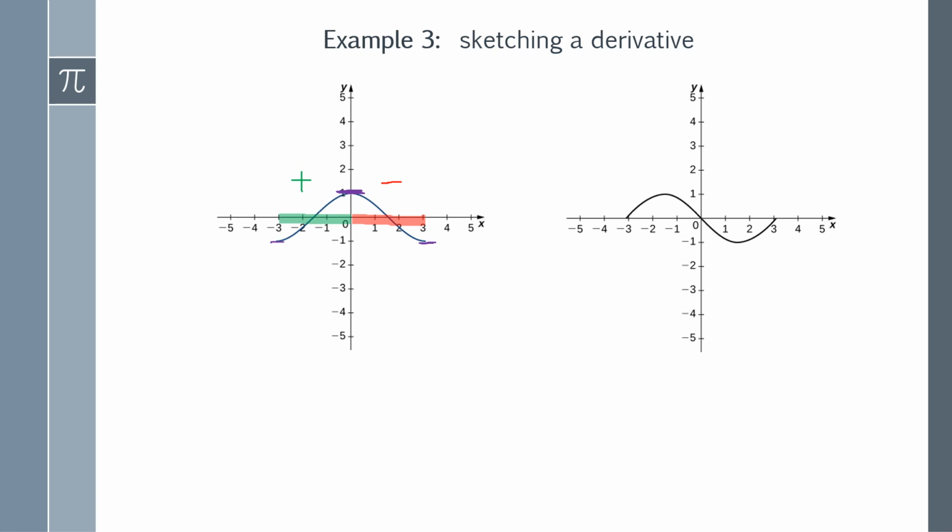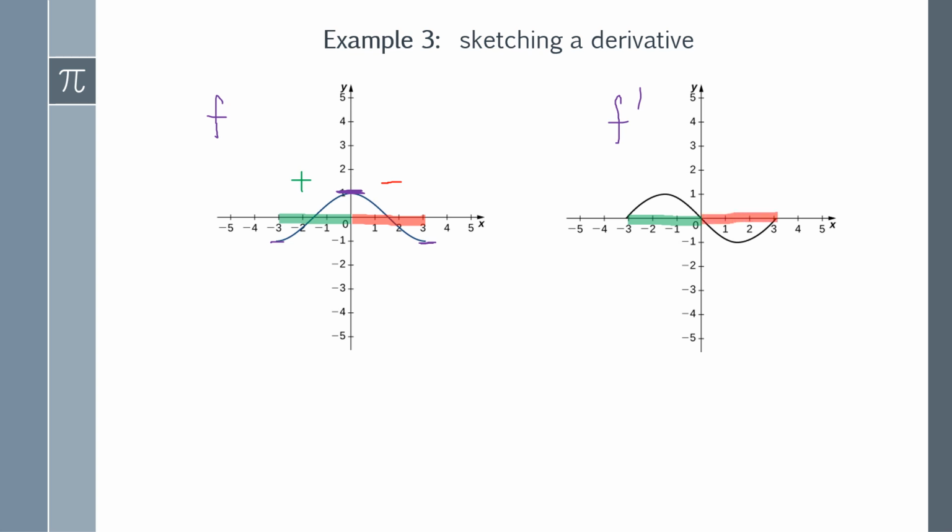So let me mark it. So this will be f. This is f prime. Okay, so f prime is positive on the interval from -3 to 0. Okay, and it is negative on the interval from 0 to +3.